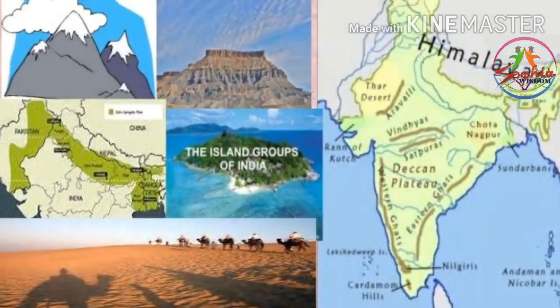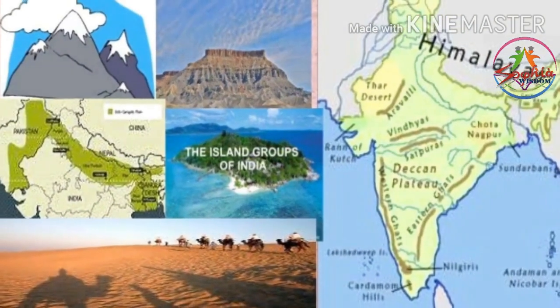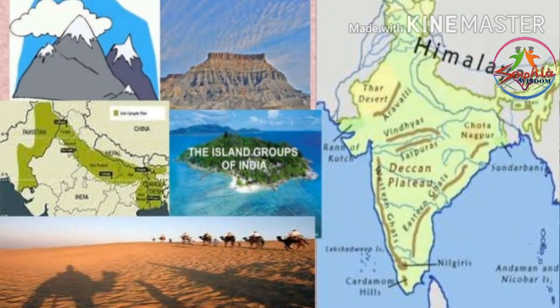Some places are mountains, some places are valleys, some places are plains, and in some places we see deserts, and some places we even call islands. So these types of variations are meant by the word relief features.